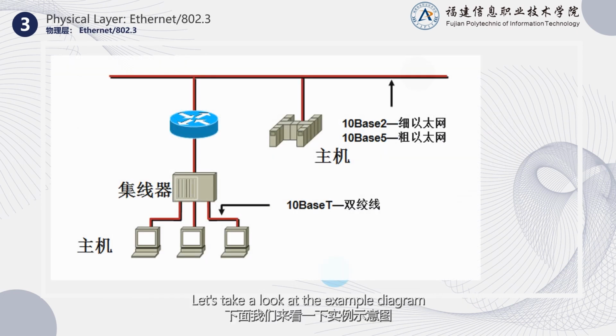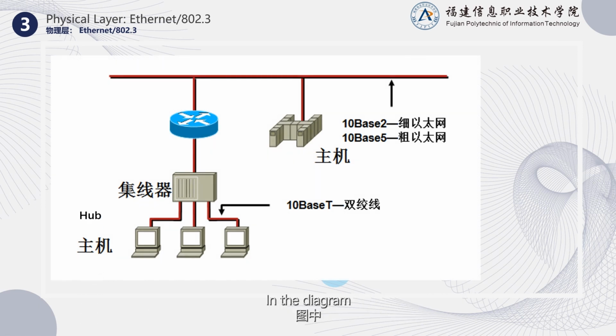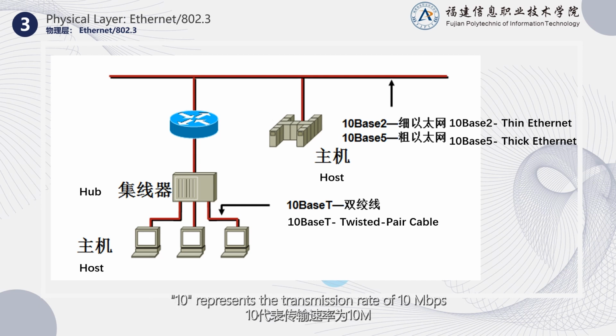Let's take a look at the example diagram, which represents the Ethernet topology based on 802.3. In the diagram, hosts are connected to a hub using Ethernet twisted pair cable 10BASE-T. Here, 10 represents the transmission rate of 10 Mbps.